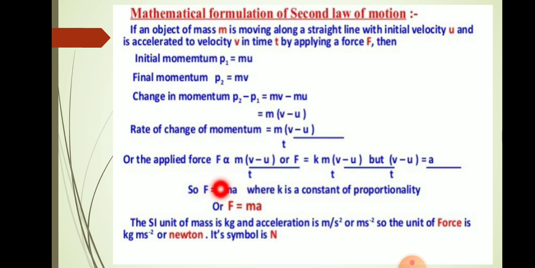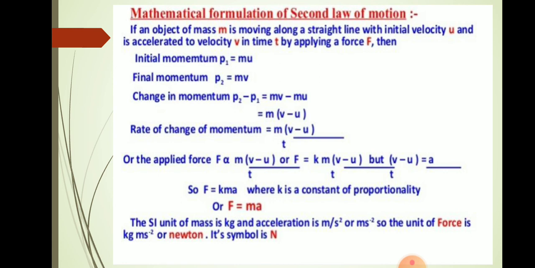F is directly proportional to mass into acceleration, and if the proportionality sign is removed, we get a constant of proportionality. So F is equal to K into m into a, where K, if we take it as 1, F is equal to ma, which is the equation of second law of motion. The SI unit of mass is kg and that of acceleration is meter per second square.